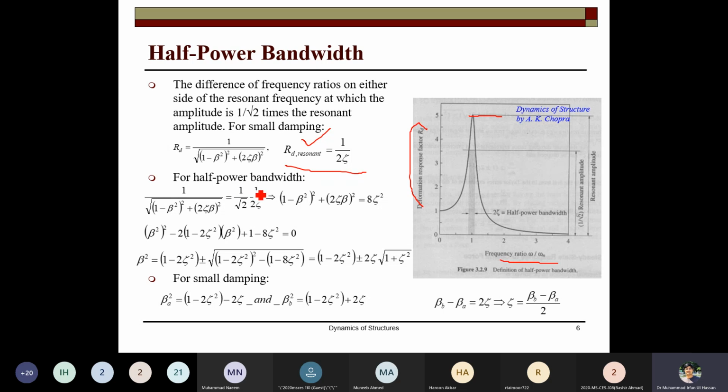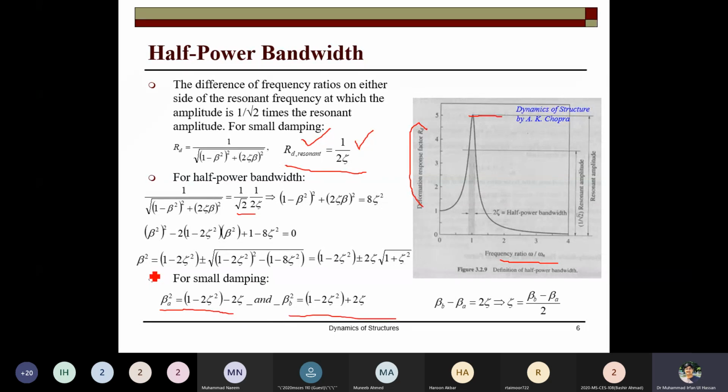Now for half power bandwidth, let's say at resonance, if you take the 1 by 2 under root of the resonance, अगर आप इसका 1/2 अंडर रूट लें एंड कंप्यूट द वैल्यू 1 माइनस बीटा स्क्वायर, इसको सॉल्व करें, further solve and simplification, you get the final answer in terms of beta a square and beta b square.